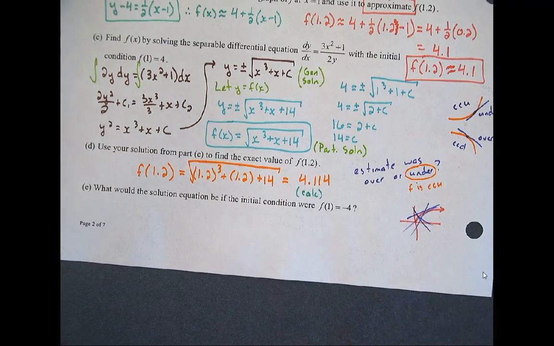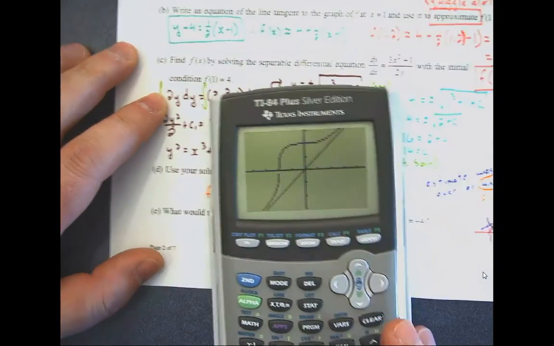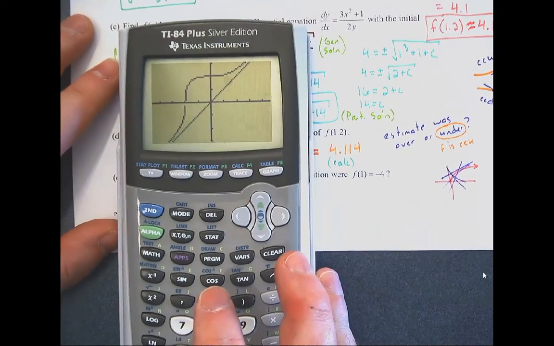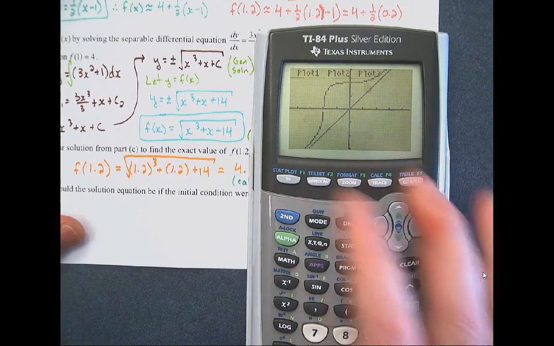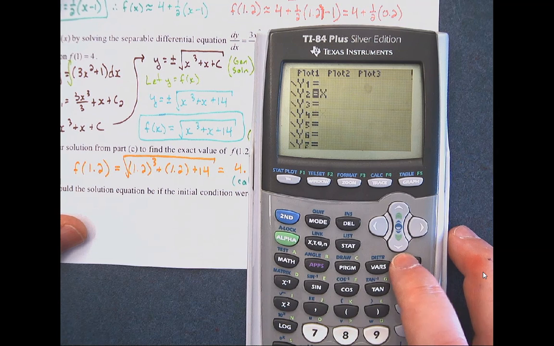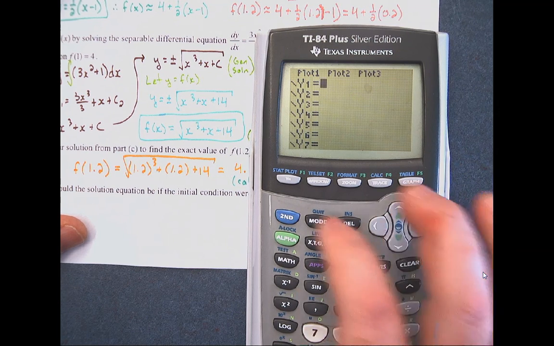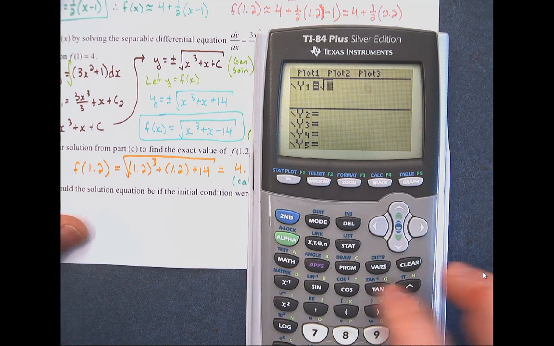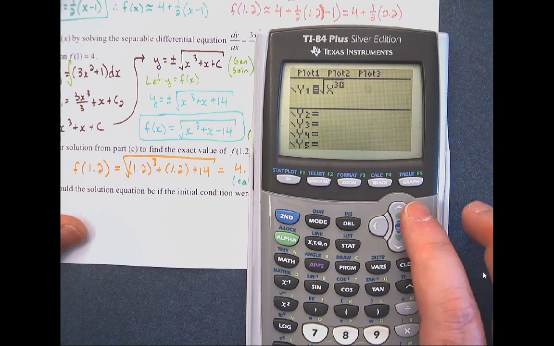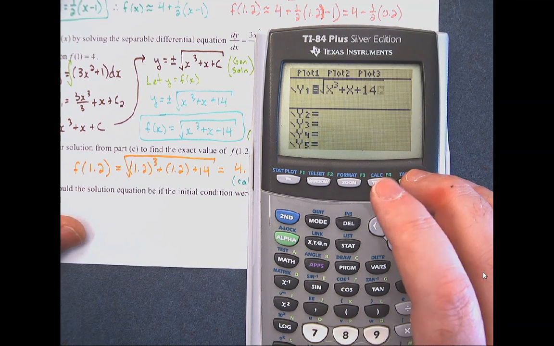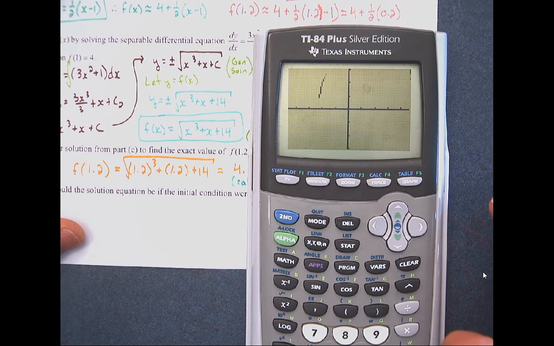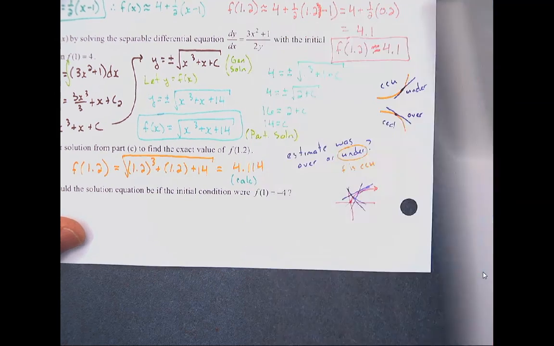Let's look. So we think f is a concave up graph. Let's see if things are going to blow up here on me or if things are going to be awesome. I want to graph the square root of x to the 3rd plus x plus 14. Come on, math. Don't let me down. Yeah, it's concave down.